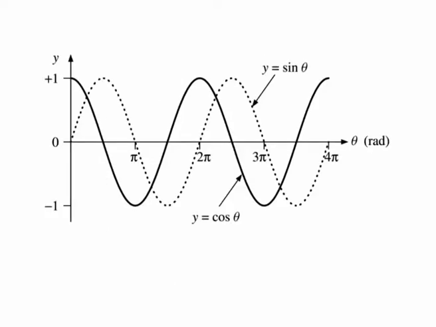These are reproduced in this figure here over two complete cycles. Both functions repeat every time the angle theta changes by 2 pi. We can notice that the two functions are identical except for a shift of pi by 2 along the theta axis. We also note the initial condition that the displacement x of the mass equals A at t equal to 0.